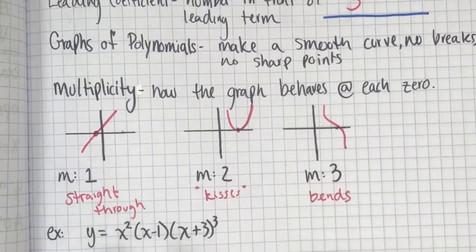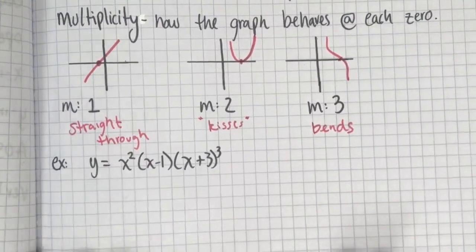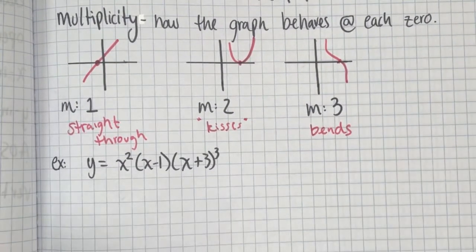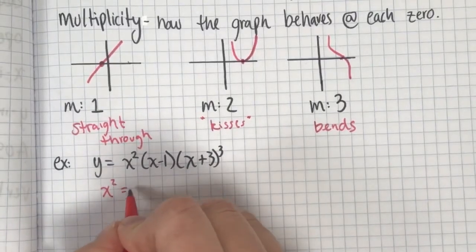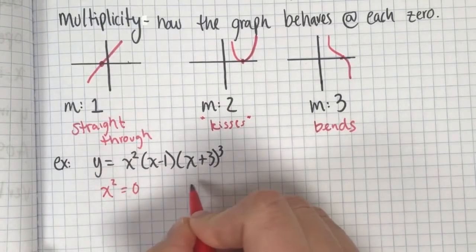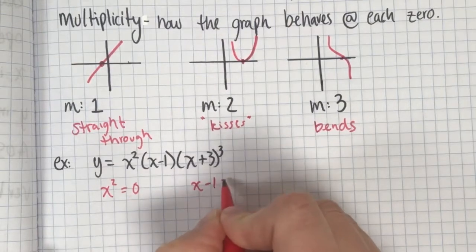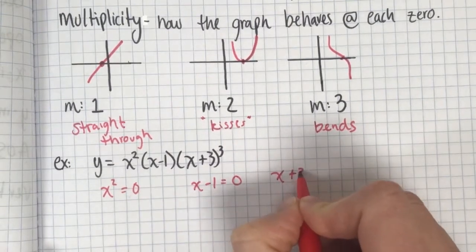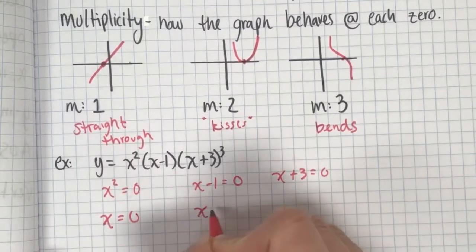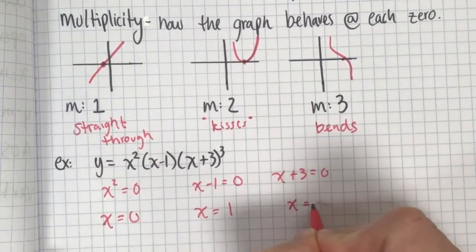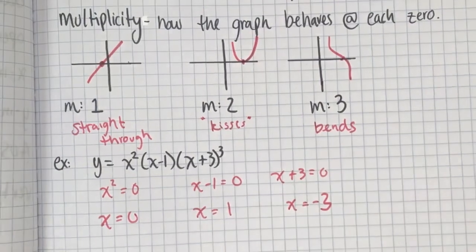So let's look at this polynomial and determine its zeros and multiplicities. So first of all, I can find my zeros by setting each one of these little factors equal to 0. So I've got a 0 at 0, 1, and -3.